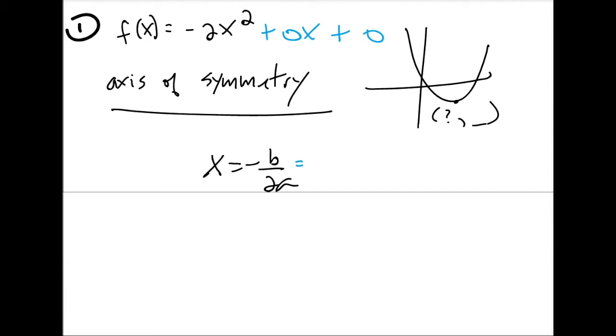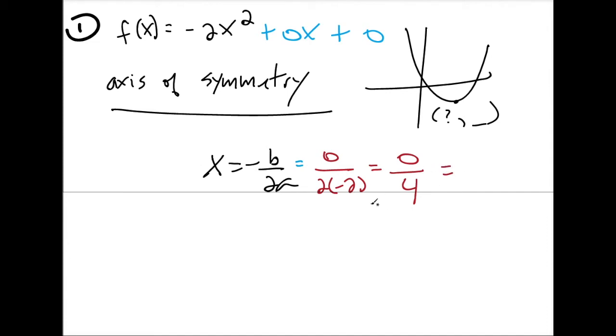Yeah, that's right. Over 2 times what? Negative 2. And you have 0 over... Well, what is 2 times negative 2? 4. And what is 0 over 4?